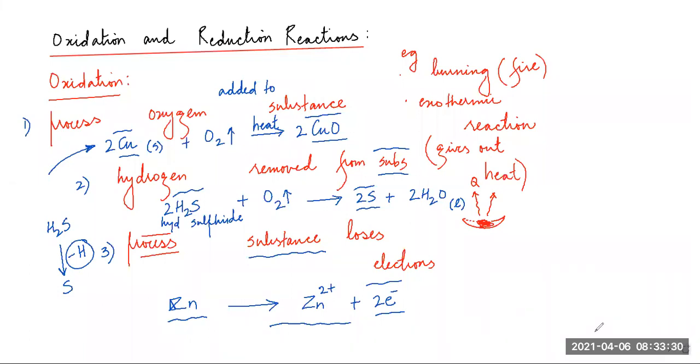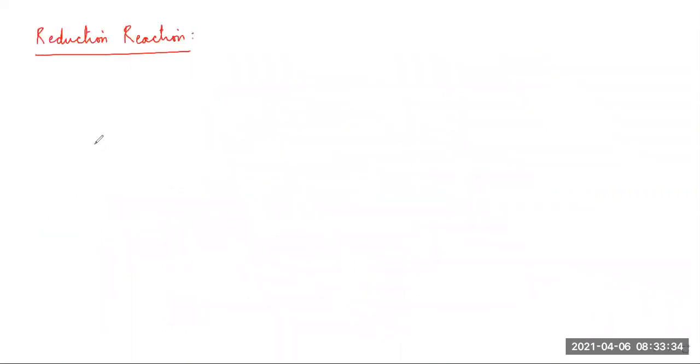Now let's understand what a reduction reaction is. Reduction reaction can be defined as the process in which, see, all the three possibilities in terms of oxygen, hydrogen, and electrons are exactly opposite to what's happening in oxidation.